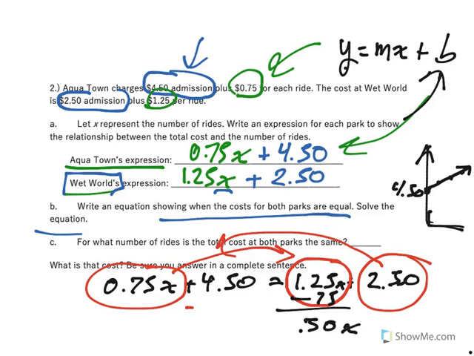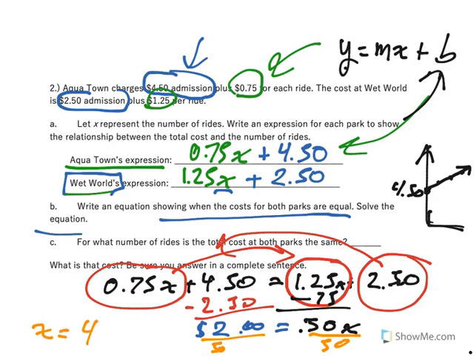It's going to be minus 2.50, so we're going to have 4.50 minus 2.50. It's going to be $2. All right. And we have $2 equals 0.50 times x. Now we simply divide, and x will be 4.